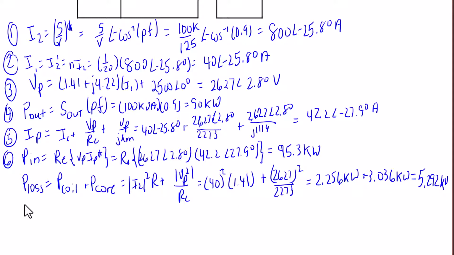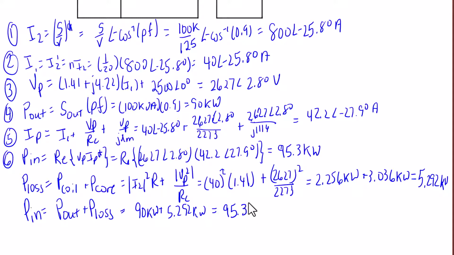And so the other way to find Pin is Pin is equal to P out plus P loss, or 90 kilowatts plus 5.292 kilowatts, which equals 95.3 kilowatts.